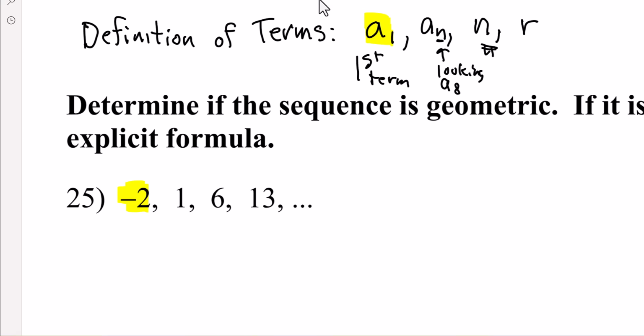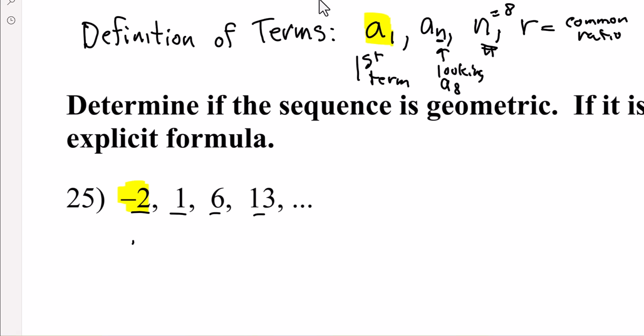The first number that we have is 4, but when we're looking for a sub 8, the n will equal 8. And then the rate r is the common ratio. And that's when you do repeated division.